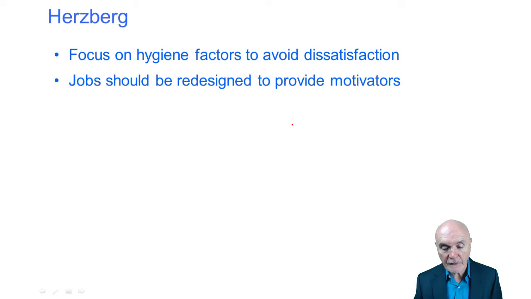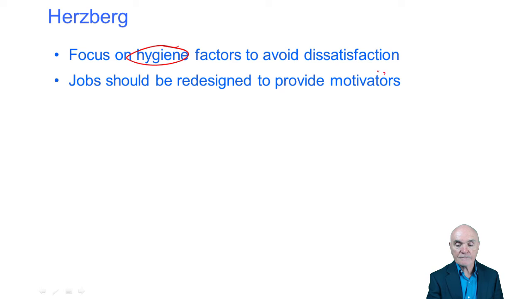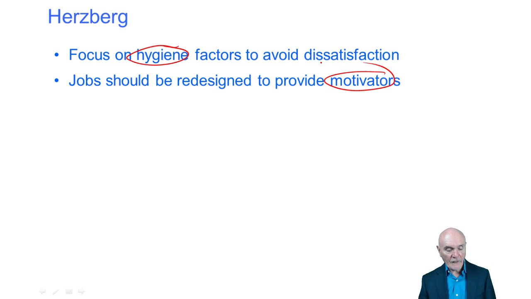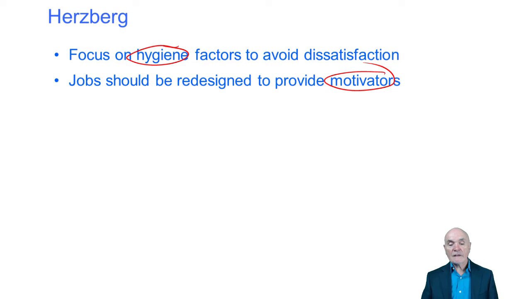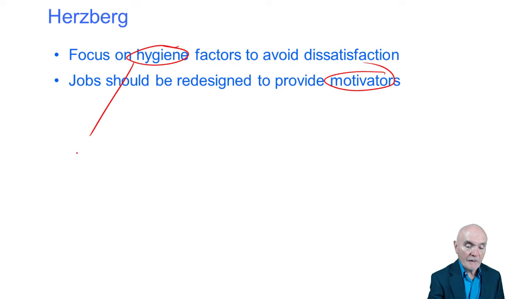Hertzberg produced what's sometimes called the two-factor theory. He was looking at hygiene factors and motivational factors. And he said the absence of a hygiene factor will cause dissatisfaction. What he was kind of saying on the hygiene factors here was things like basic pay.